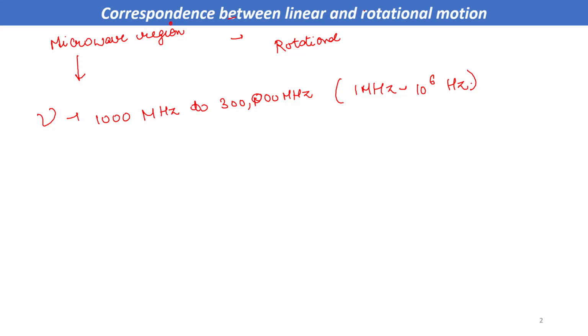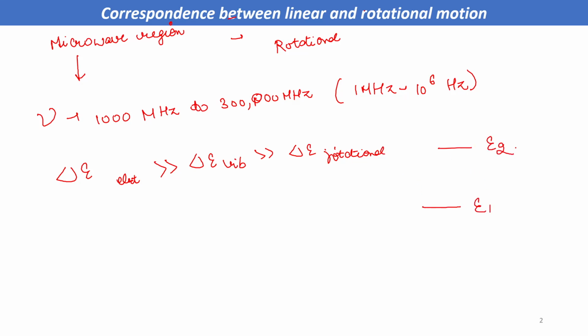And also in the previous session, we discussed the energy of the vibrational, electronic and rotational. Which one was the larger? Among all these three, the energy of the electronic was larger than the vibrational and then the rotational. If we draw some energy level diagrams, this one is the electronic energy level.